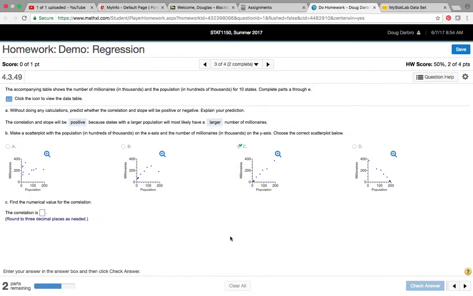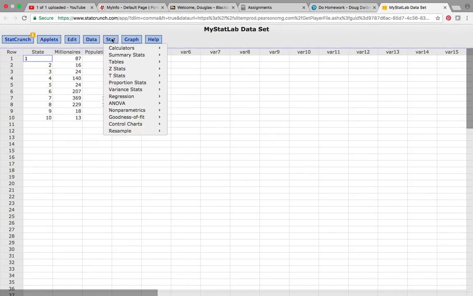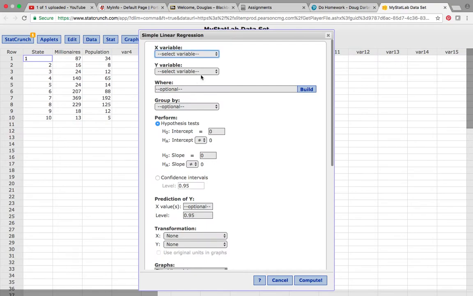Find the numerical value for the correlation. Now, guys, this problem has to do with correlation and regression, so I'm going to close that down. And this time, instead of just using the summary stats for correlation like I did before, I'm going to run all the analysis with regression and go to simple linear regression.